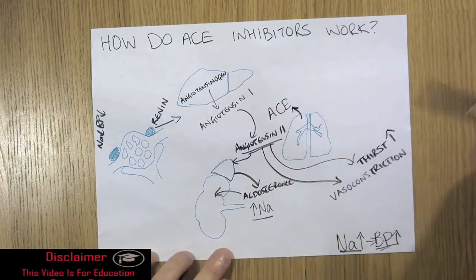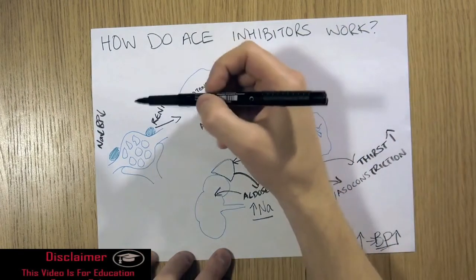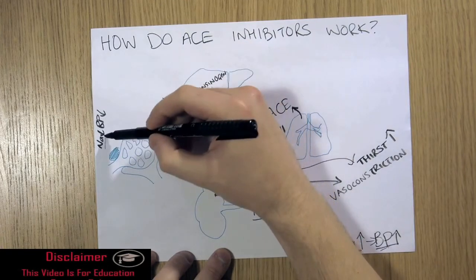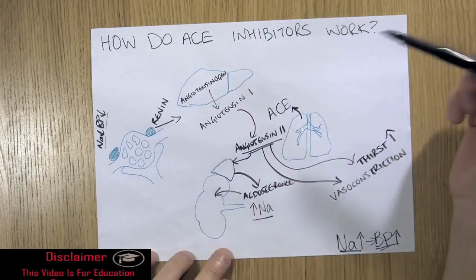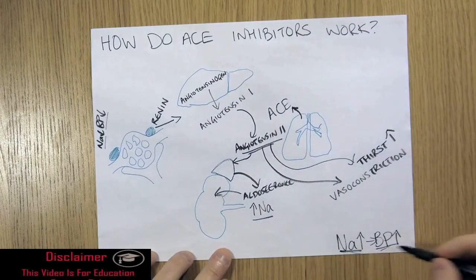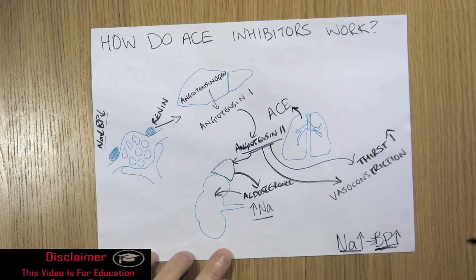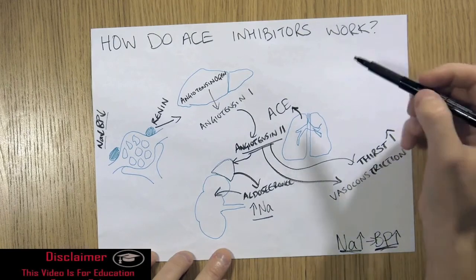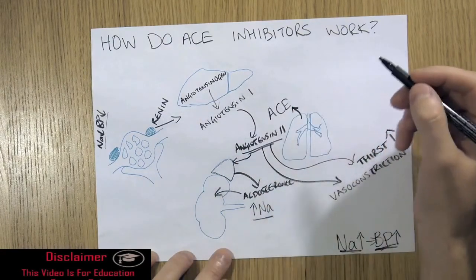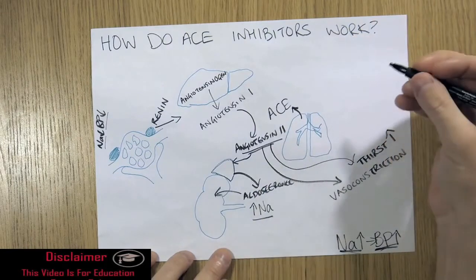So this clever system essentially takes you from the juxtaglomerular cells sensing a low sodium and a low blood pressure through a number of different steps to increasing your sodium and increasing your blood pressure. Now I've already established that the renin, the angiotensinogen and the angiotensin I don't particularly do much in this system.